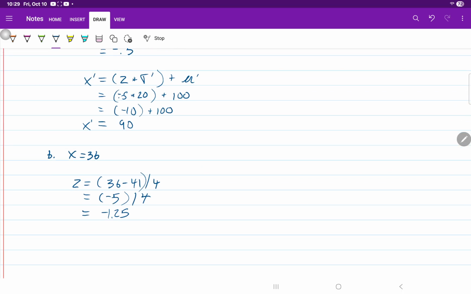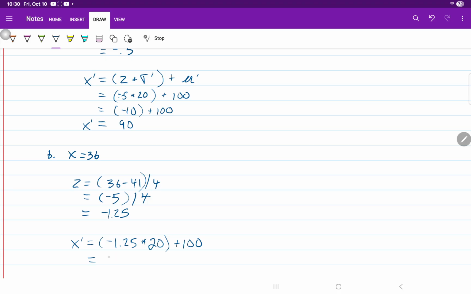And now we calculate our new raw score. x prime equals negative 1.25 times our new standard deviation, which is 20, plus our new mean, which was 100.